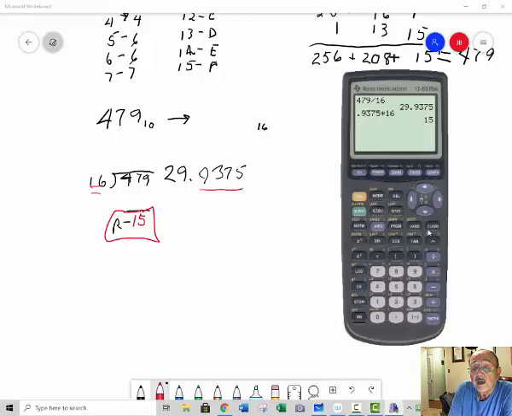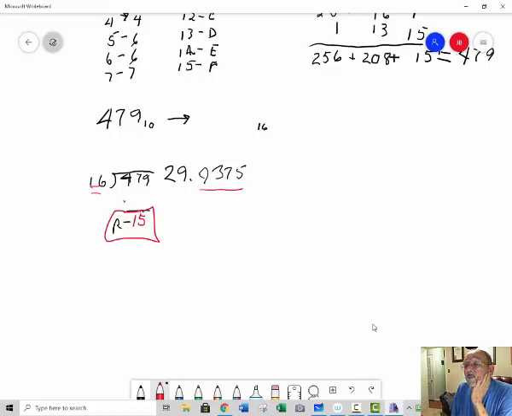Another way you can do it, if you want to, you can take 29 times 16 which is 464, and the 464 goes right here, and subtract.